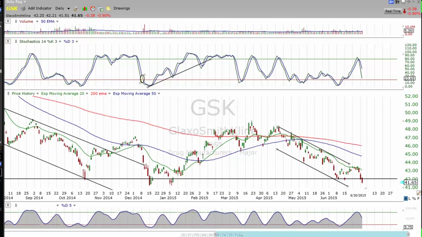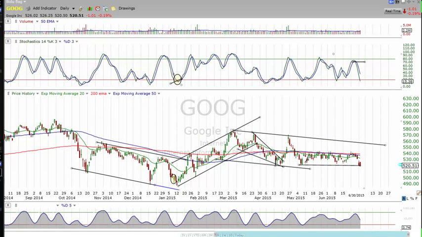Google, just upset about Google. If the market has a big day tomorrow, though, these could all be up 20 points.